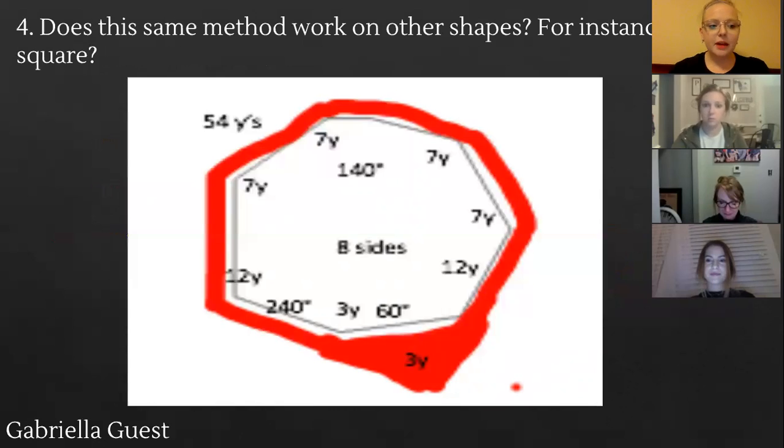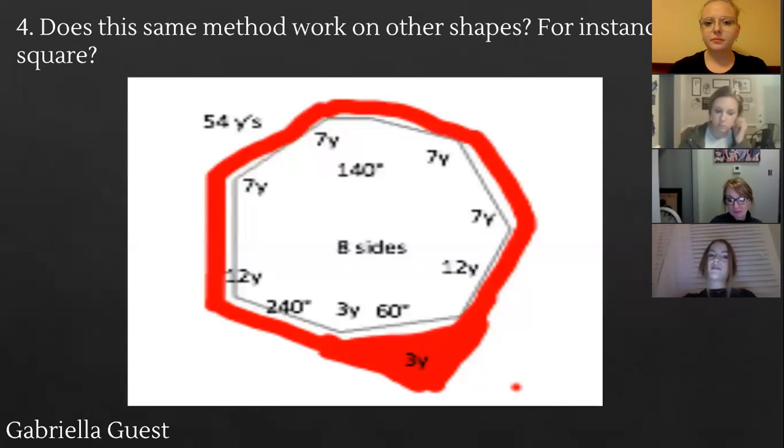Does the same method work on other shapes, Gabby? For instance, a square? Yes, so this same method can almost work on any shape. So let's say you have a shape, which would be a square, and you know that squares always have the same angle. So let's say it's a 4 by 4 square. So it's 4y by 4y by 4y by 4y.